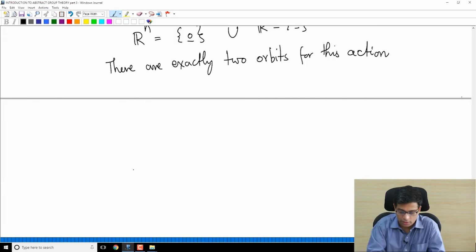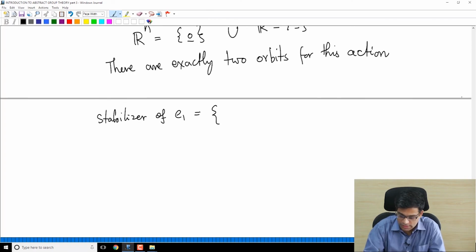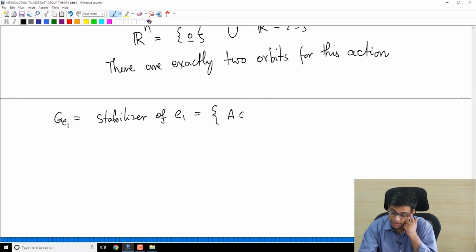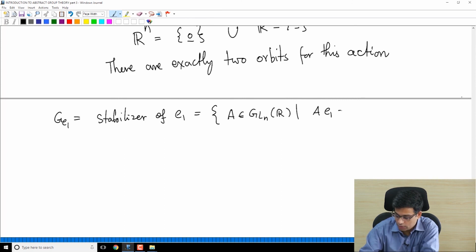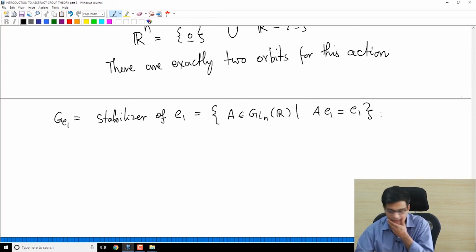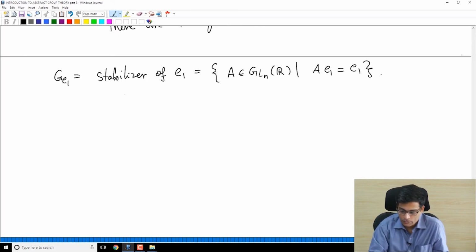Now let's do the second part. What is the stabilizer of E1? So GE1 is my notation for this. So these are all matrices in GLn such that AE1 is E1. Let's work it out a little bit. Let's write a matrix like this. It's an n by n matrix, right?